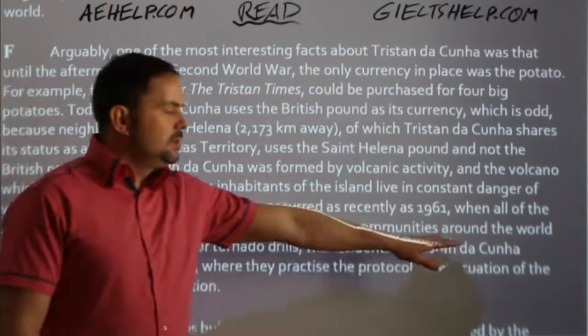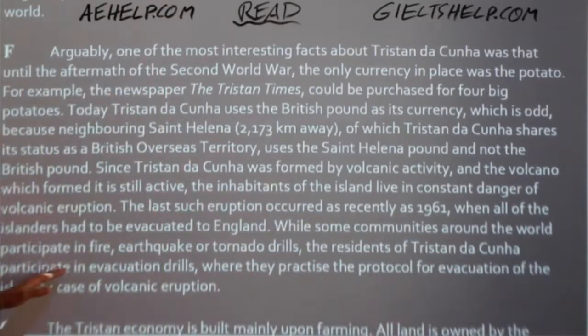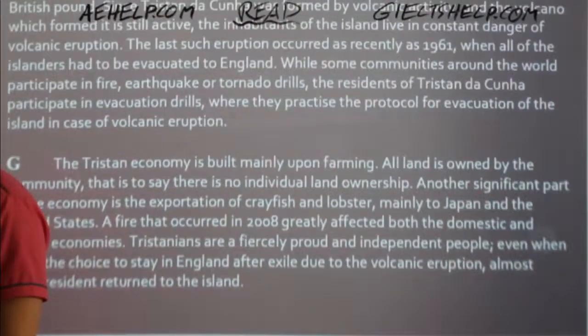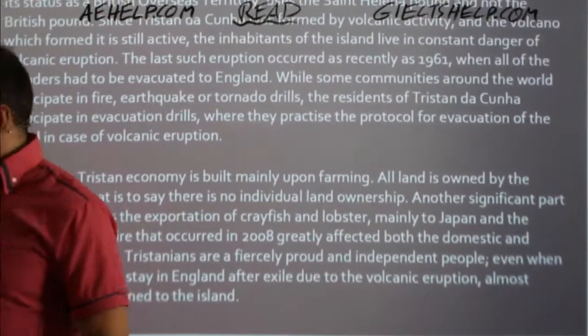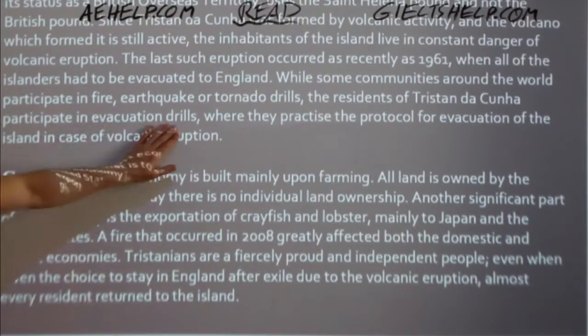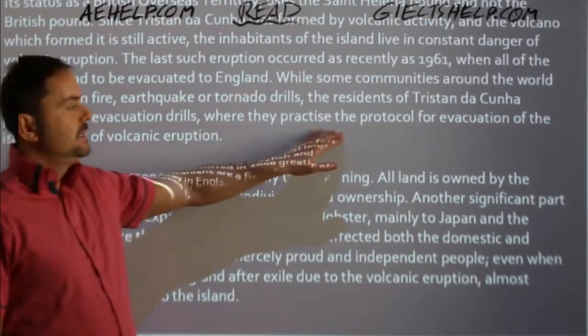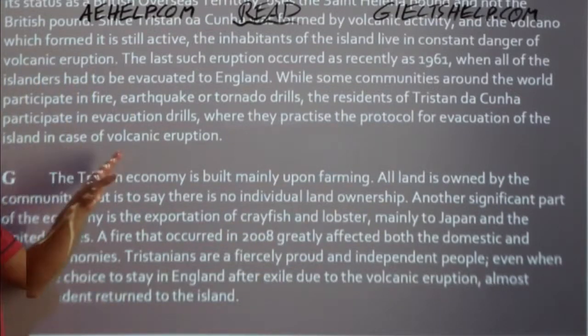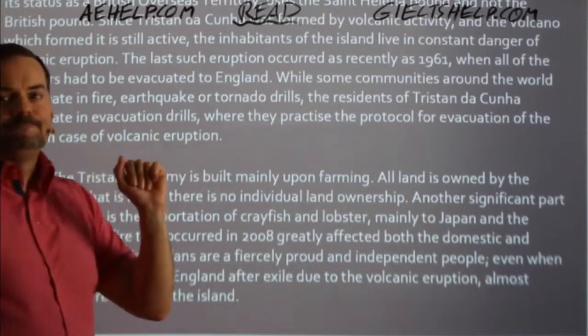While some communities around the world participate in fire, earthquake, or tornado drills, the residents of Tristan da Cunha participate in evacuation drills where they practice the protocol for evacuation of the island in case of a volcanic eruption.